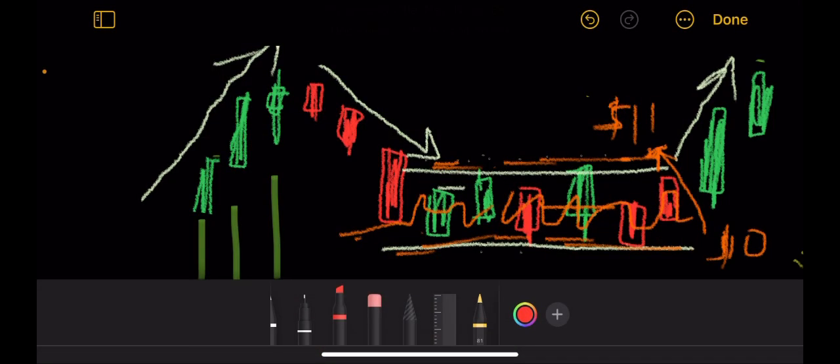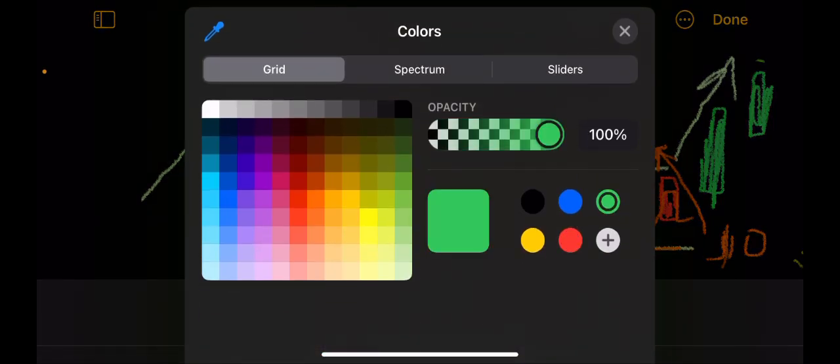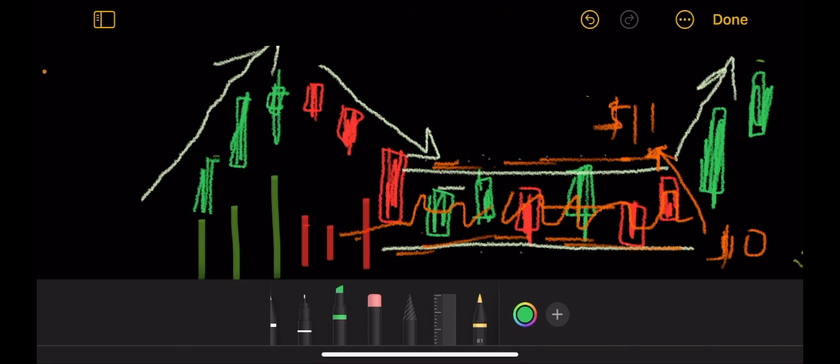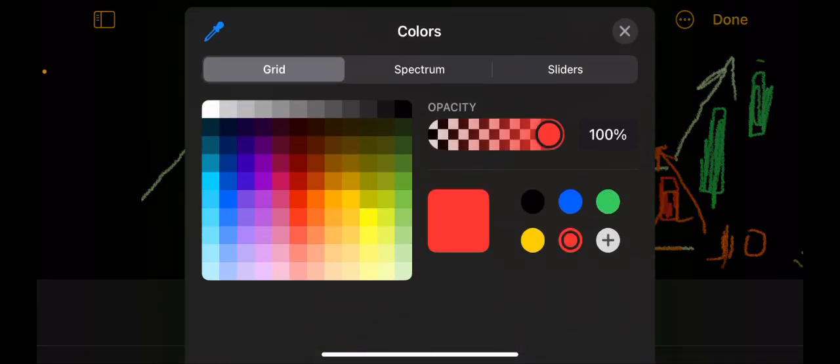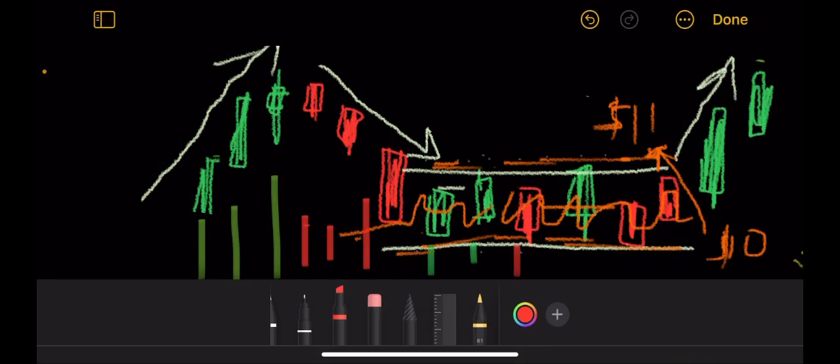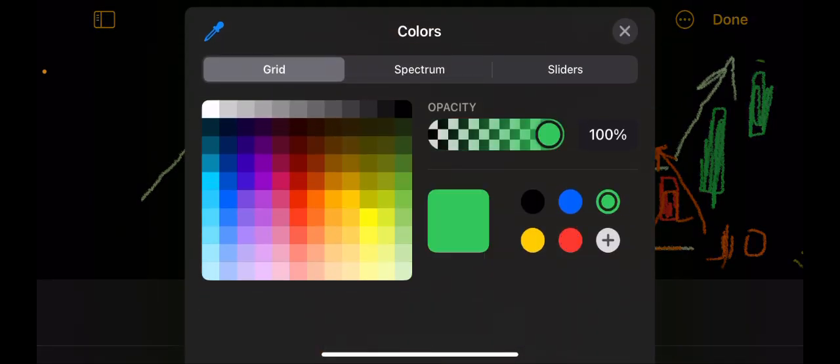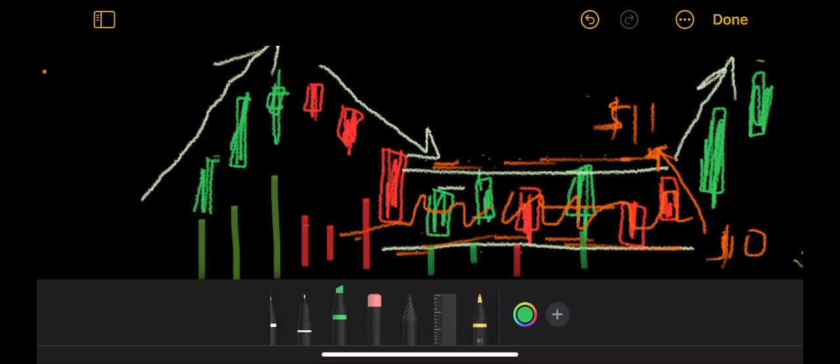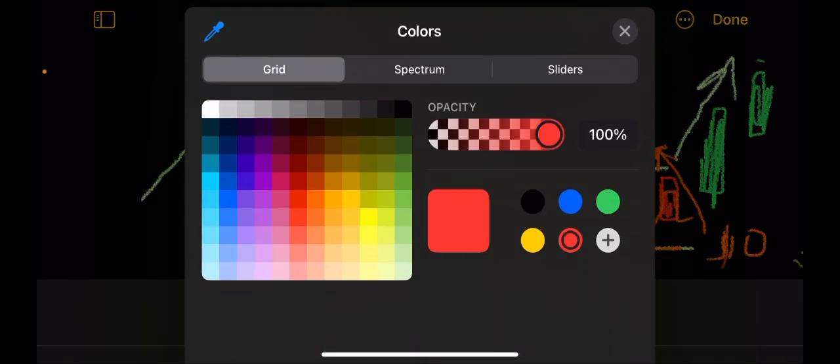This smaller move, but it's still kind of moving, has smaller volume. These smaller ones, smaller volumes.